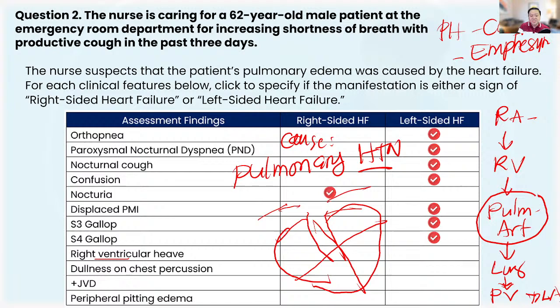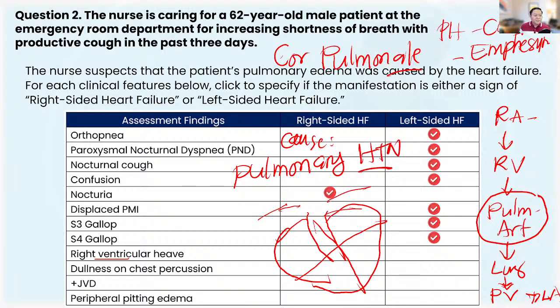So this is going to lead into the right-sided heart failure, and this is what we call cor pulmonale. Remember that? The cor pulmonale basically is the right-sided heart failure, and this is often caused by the hypertension within the pulmonary circulation, and this is a complication brought about by COPD emphysema.